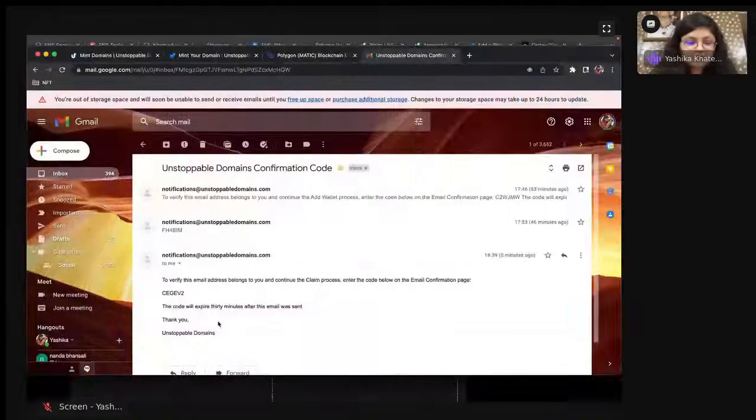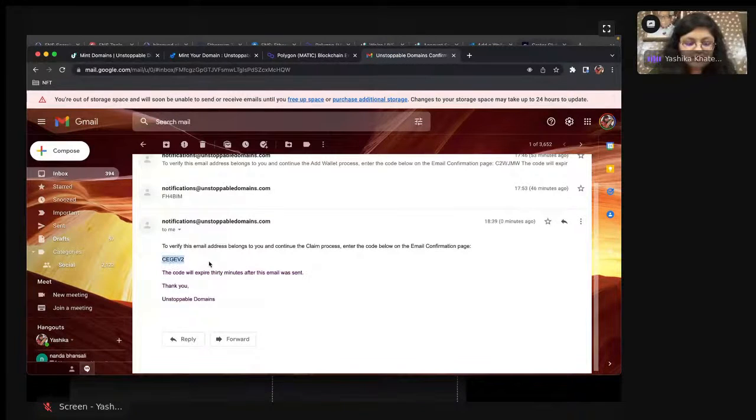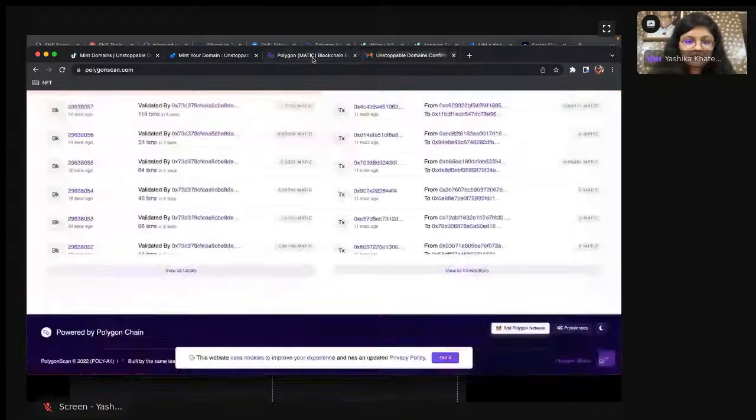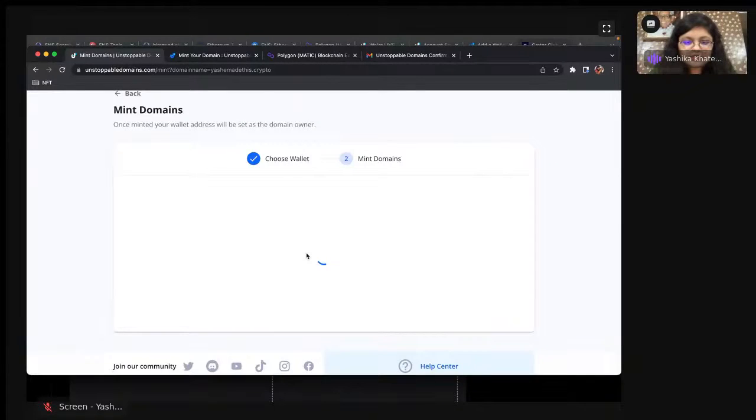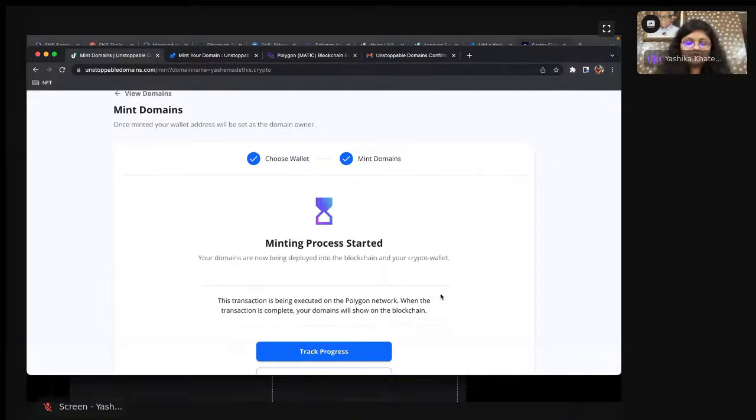Okay, now I can share my screen, I guess. Yeah, so this is the OTP it sent me. I am coming here and pasting it. The minting process has started, and it says it usually takes around 10 minutes for Polygon to mint it on the blockchain.